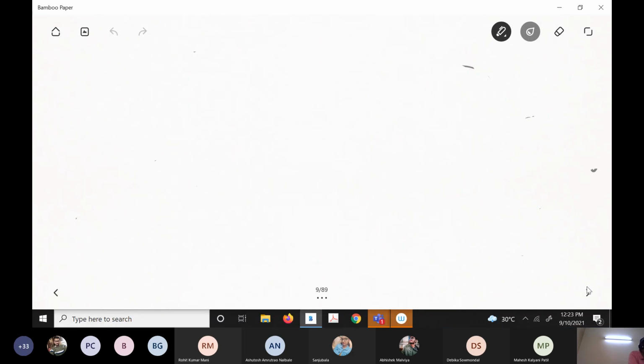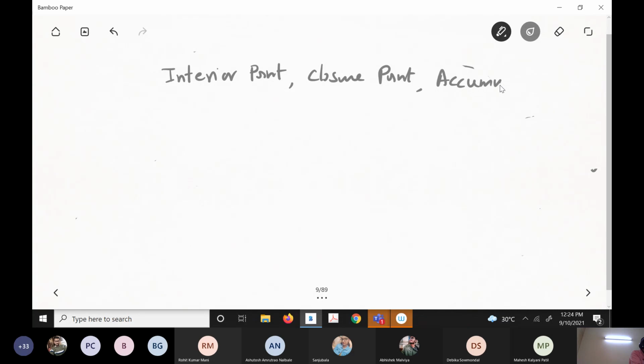I have considered three types of points: interior points, closure points, accumulation points, and of course boundary points. A boundary point belongs to the closure of the set as well as the closure of its complement.